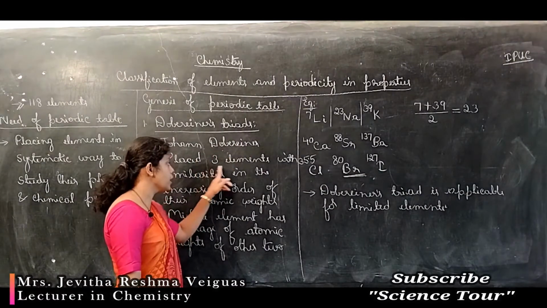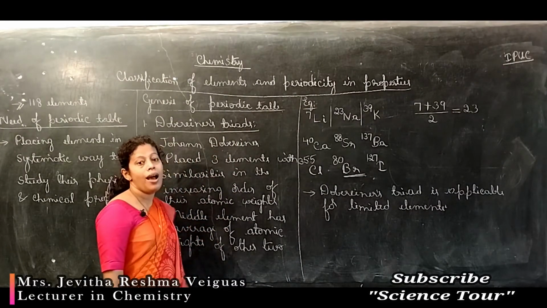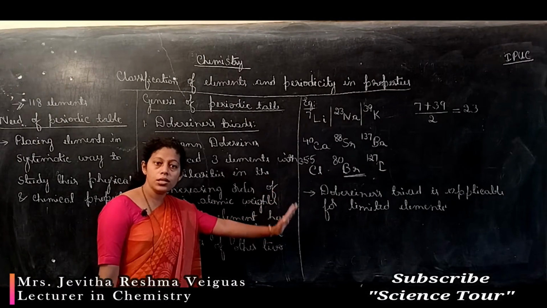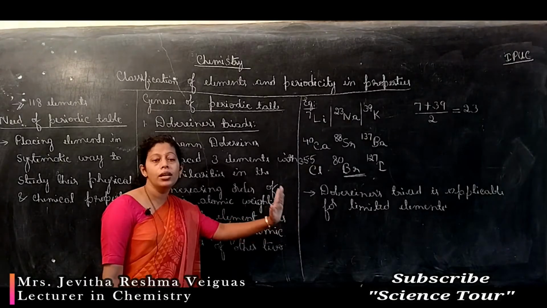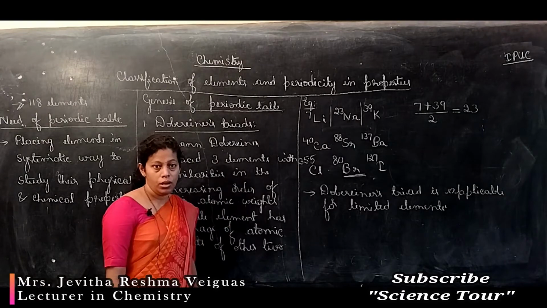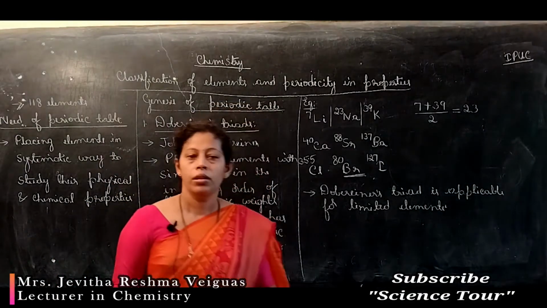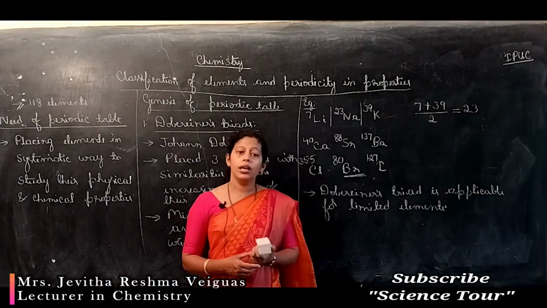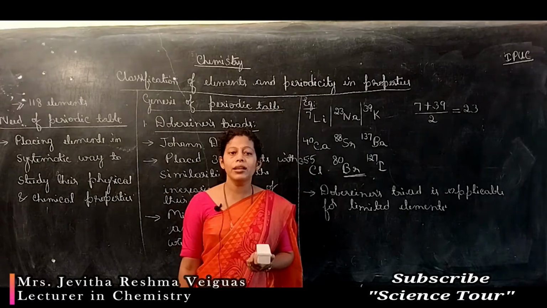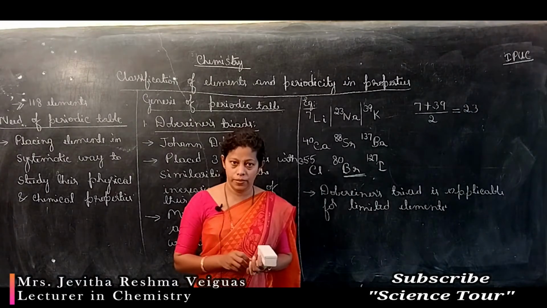Three elements are arranged in the increasing order of atomic weights, and the middle element has an atomic weight that is the average of the other two, but this periodic table failed because it can be applied only for limited elements. After this, another scientist, A.V. Chancourtois, arranged the elements in cylindrical form, but that too had limited application, hence failed.